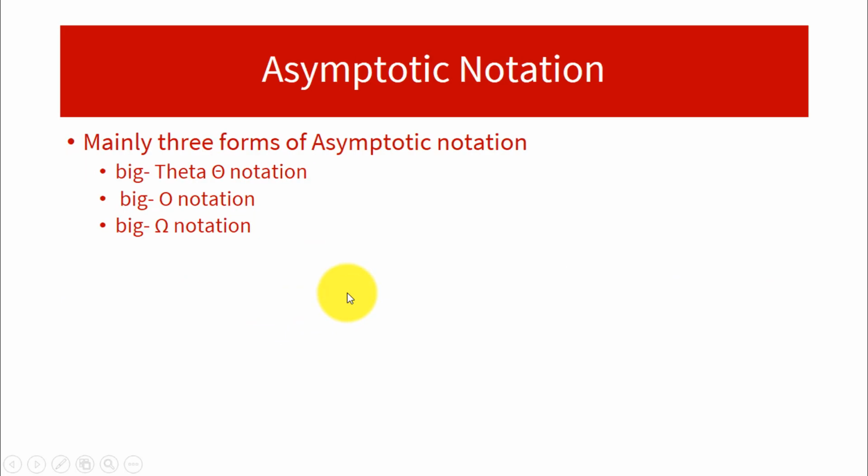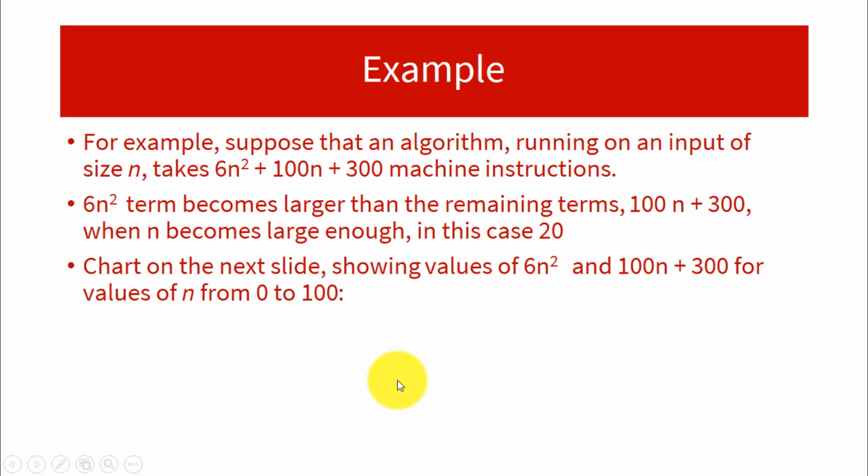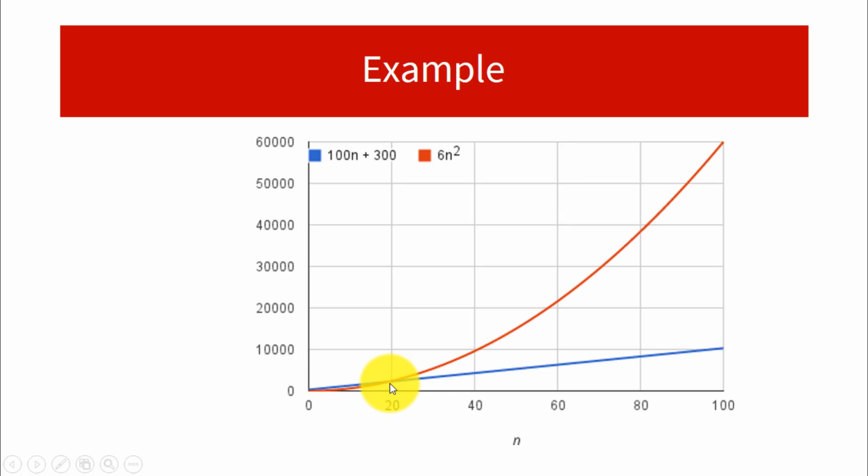So let me just go back to the slide and explain what it means. Here the n naught is going to be 20, because at n naught and the values to the right of n naught, I mean greater than n naught, this particular curve, the red one, is dominating the curve of the other two terms, and that means we are going to ignore them for very large values of n, right?